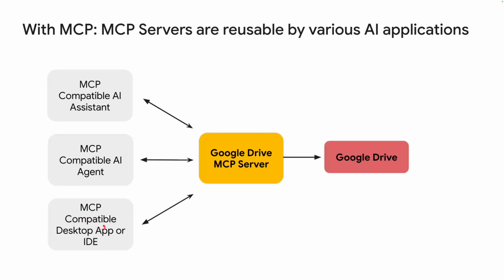As long as it's compatible, you can access this MCP server. So you can see the benefits here. You do not need to consider which application is accessing your MCP server. It can be connected to different types of applications. You just have to develop one MCP server with the standard MCP protocol, and it allows you to access the tools, which is the Google Drive.